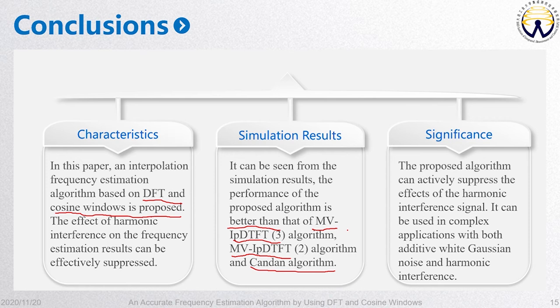When v is greater than 6, the MSE of the proposed algorithm with the two-term MSD window is lower than the competing algorithms. The proposed algorithm can effectively suppress the effects of the harmonic interference signal. It can be used in complex applications with both additive white Gaussian noise and harmonic interference.